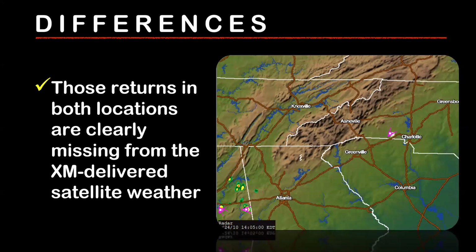You can see there's no returns just to the west of Charlotte, and over North Atlanta, you see a couple zigzags there. That's lightning strikes. And then a little bit further to the west of Atlanta, there's definitely some cells there. But why are the other two not showing up?